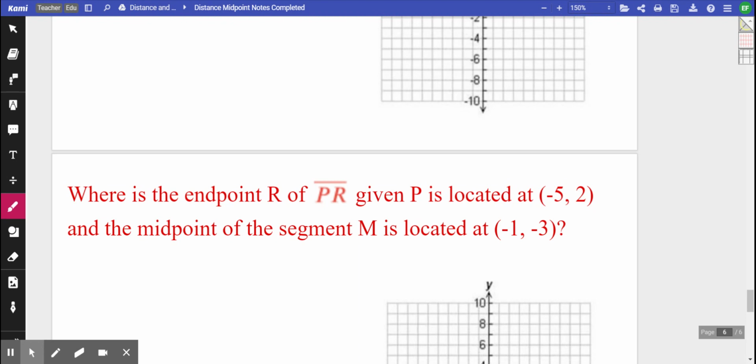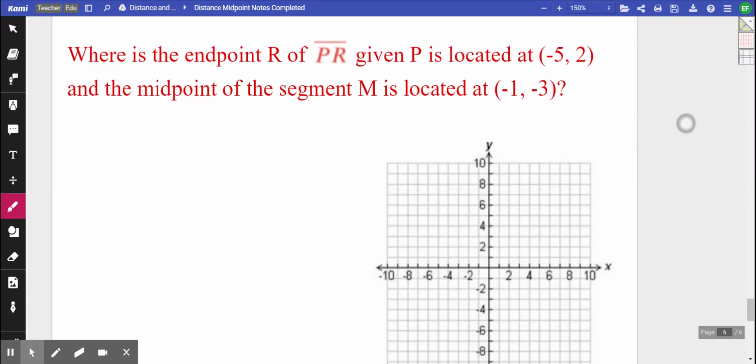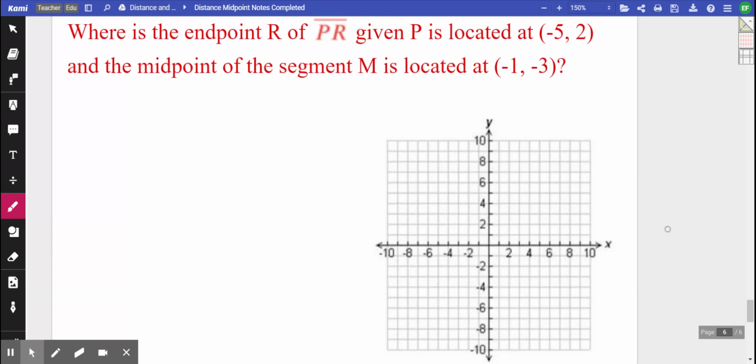Where is the endpoint R of a segment PR, if P is located at -5, 2, and the midpoint is located at -1, -3? So let's do this visually first. We can plot the points, -5, 2. So I'll call that P. And then M is going to be our midpoint at -1, -3.